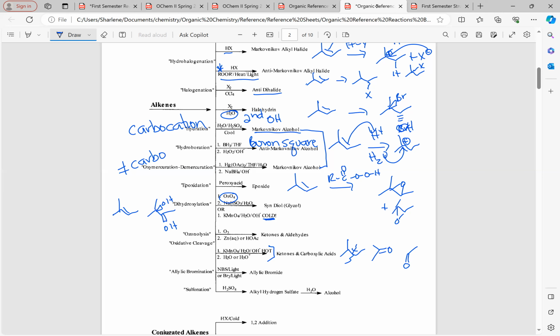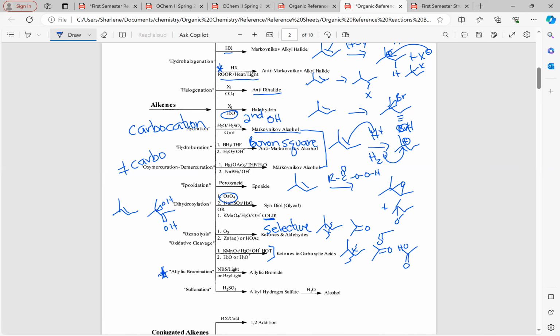KMnO4 is not selective, so it will go all the way to a carboxylic acid, where ozonolysis is selective, and it would have stopped. So, selective versus non-selective. This one is in our radical chapter, so we're going to see that this semester.